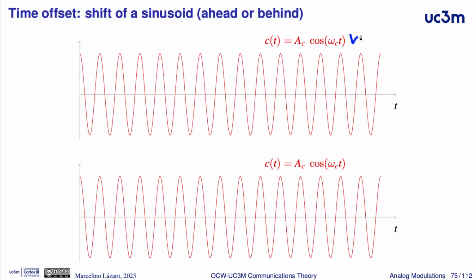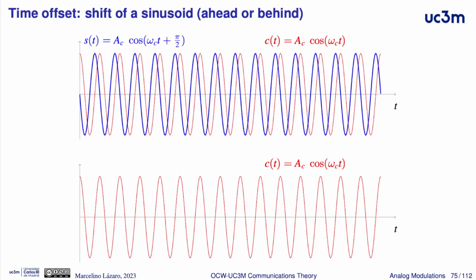If we have here a sinusoid, a carrier with a constant frequency and with a zero phase, a cosine in this case, if now we add a given phase in the argument of the cosine, in this case plus half of pi, the new signal has been shifted to the left side, is ahead of the carrier.